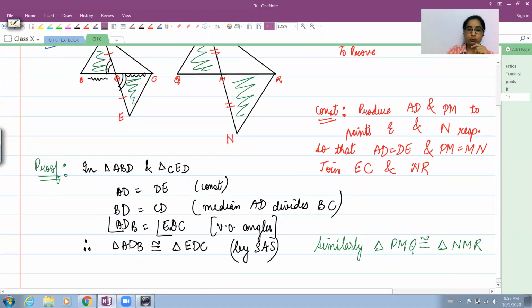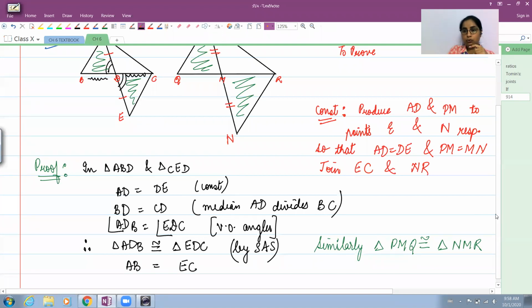The way we have proved the congruence of triangles ABD and EDC, same way we can prove the congruence of the triangles that I have shaded in the second triangle. And the conclusion that I'm going to draw from here is that the side AB of the first triangle becomes equal to side EC of the second triangle.